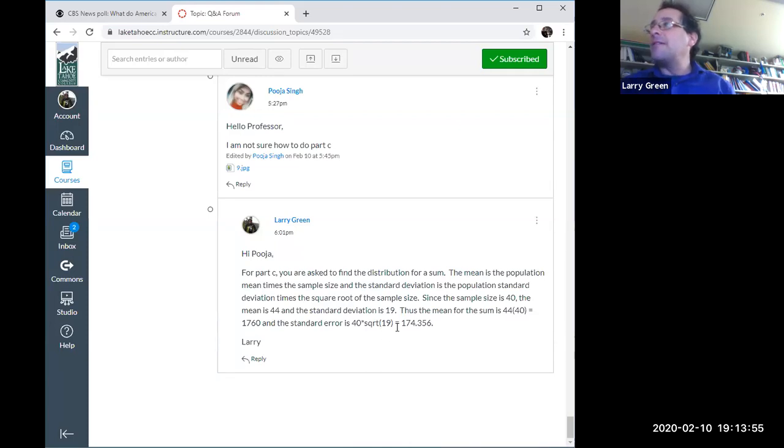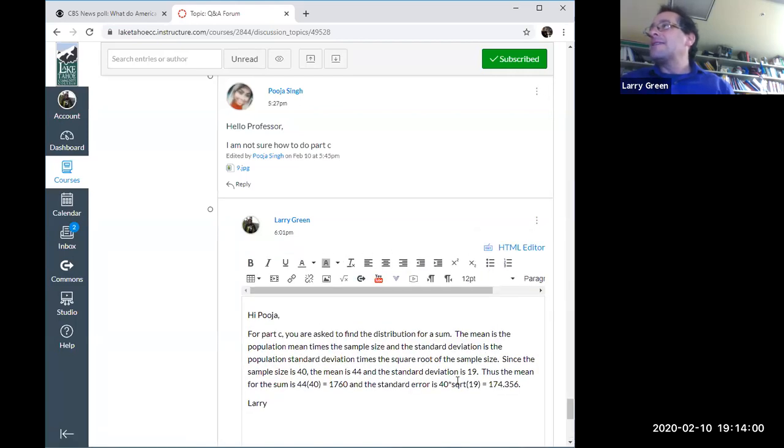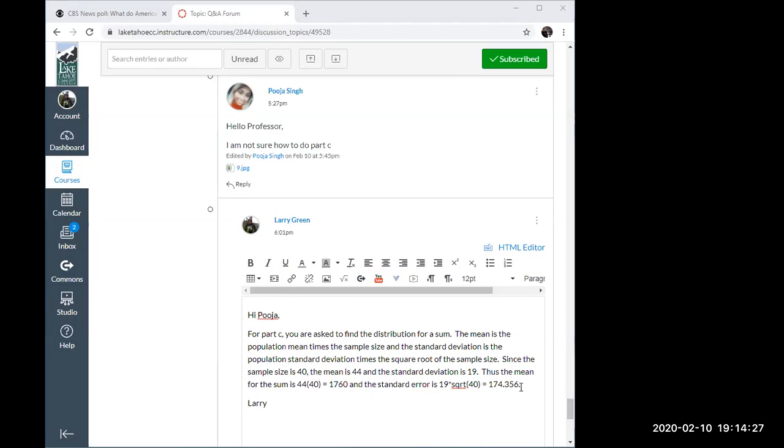I got this backwards. Good thing I noticed it because it's not right. It's the other way around. It's 19 times the square root of 40. I was trying to go real fast so I can make it to the webinar. And if you go 19 times the square root of 40, you get 120.166551.